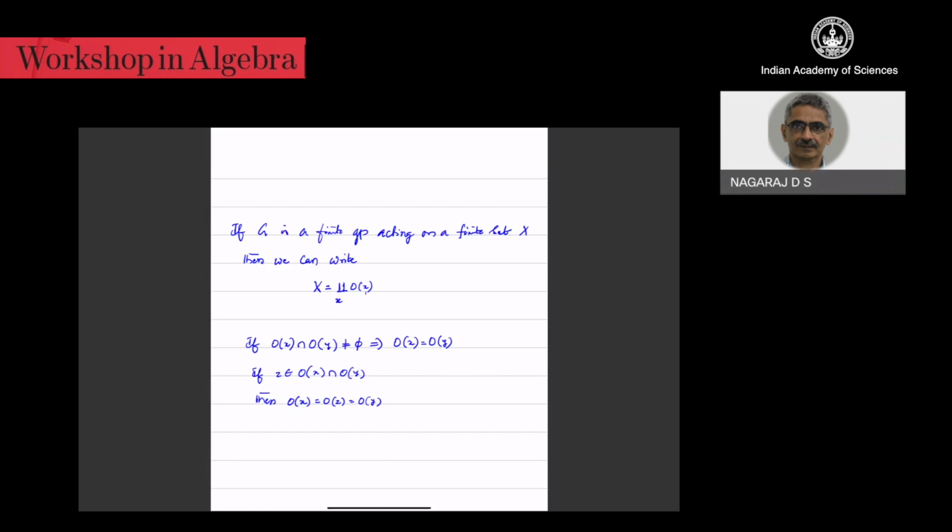Now consider G, a group of order p^n, where p is a prime number and n is some integer greater than 0.